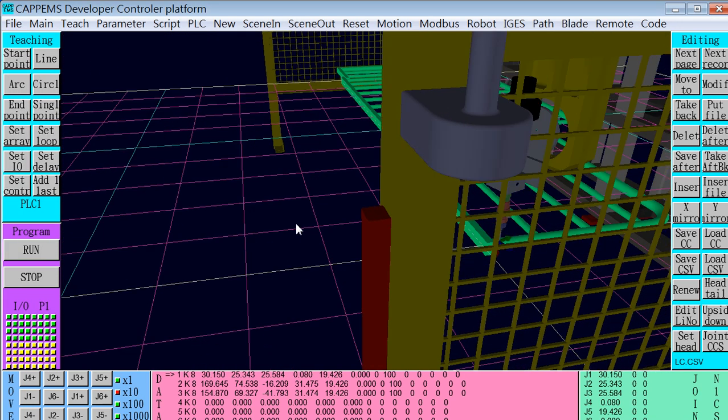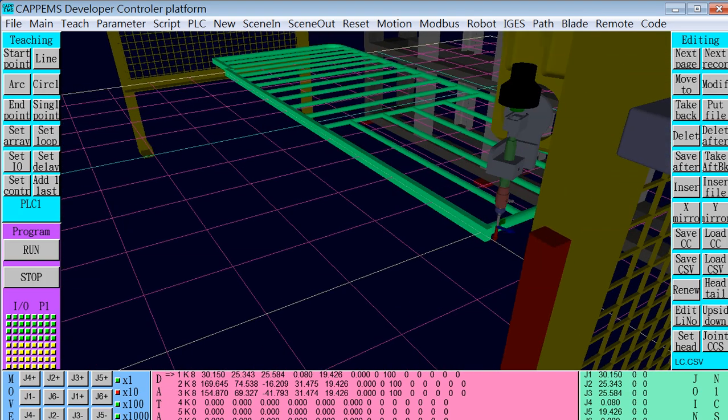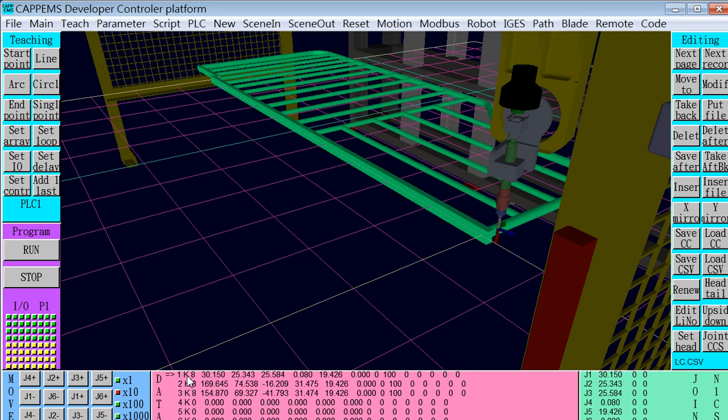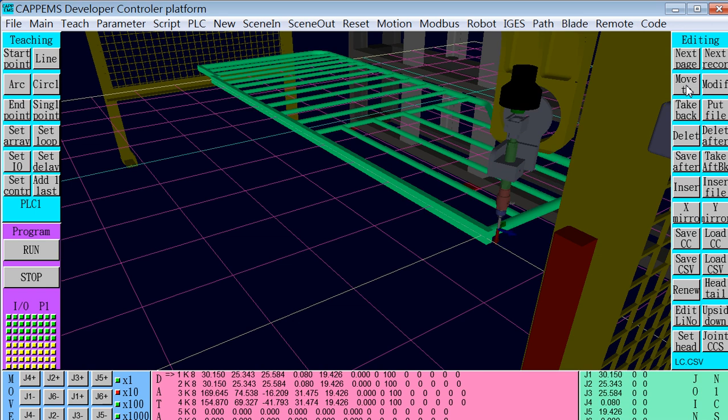But in this case, the C is not right. So we add 1. We still have to insert 1 of 2. These 2 lines are the same. We have to change the C back to 0. Okay, how to do it? J5 back to 0.